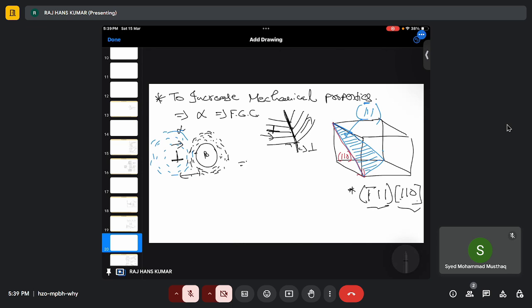That's why we form precipitates. Now, if the precipitate is small, the dislocation will try to move, or if it cannot move, it will try to cut the precipitate. That means it requires more energy to move the dislocation through the precipitate.